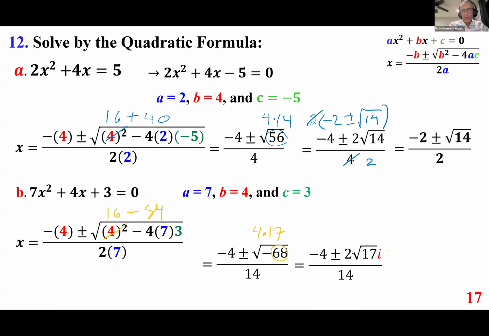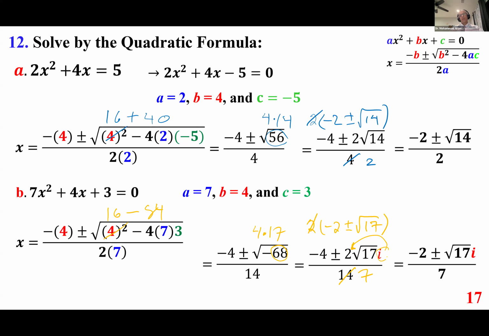By the way, sometimes they put the i in between because they don't want anybody to think i is under the radical. So we factor the 2 out, get -2 plus or minus the square root of 17.